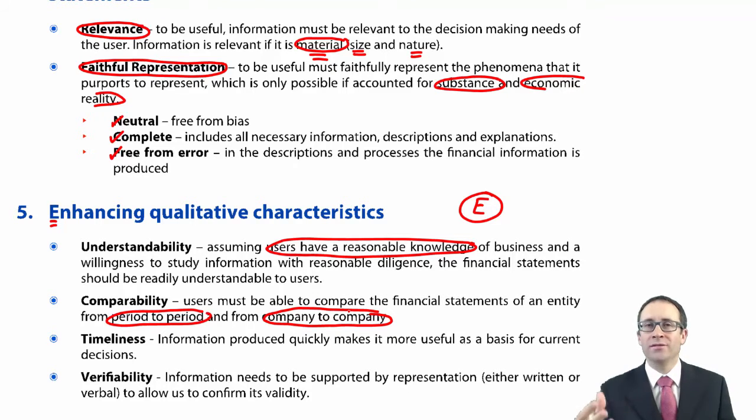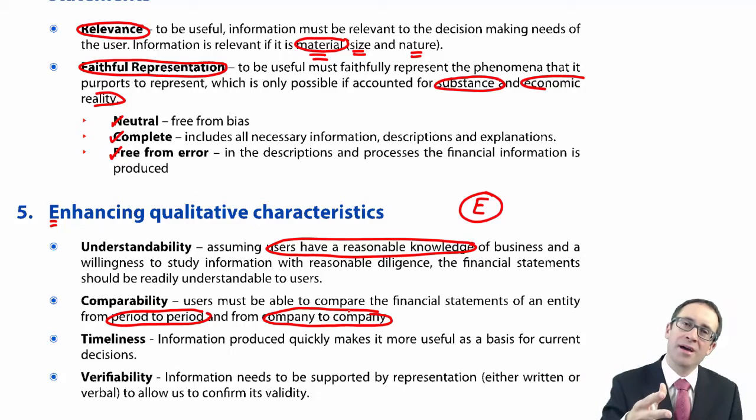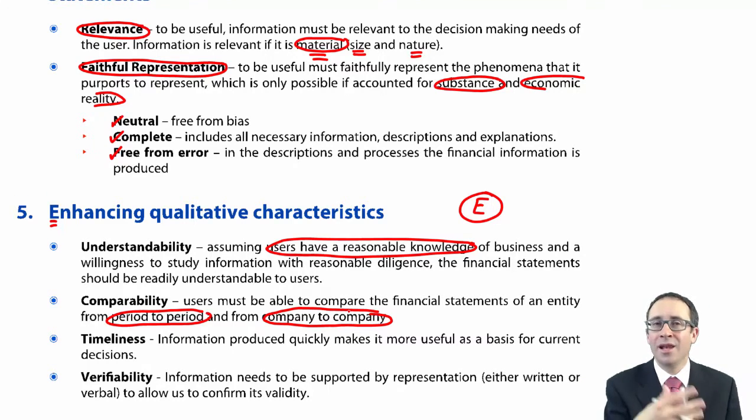If we wait for a particular length of time to get the most reliable information, then maybe that information loses its relevance because it's then a little bit too old. So we've got a balance between timeliness and reliable information. Don't wait too long to get the most reliable and most complete information. You might have to strike a balance.